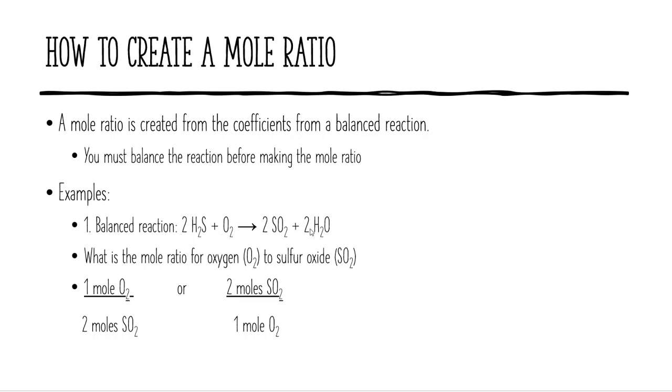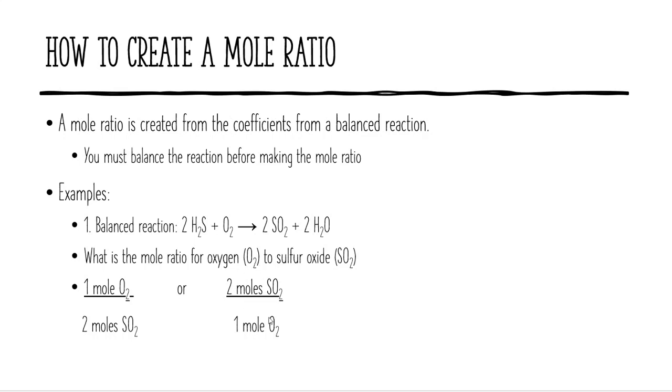So a balanced reaction here, this is our example. Here's our balanced reaction. And then what is the mole ratio for oxygen, O2, to sulfur oxide? And it will always be written this way on your exams as well. We will give you the name and then also the molecular formula, okay? And so you can write it two different ways. Just like you were able to do with the basic conversions, you could flip them back and forth.